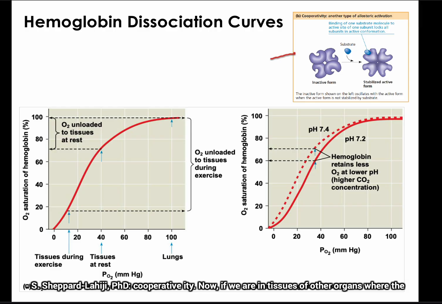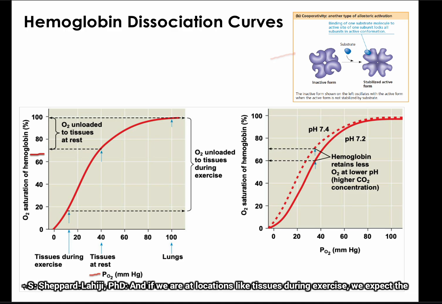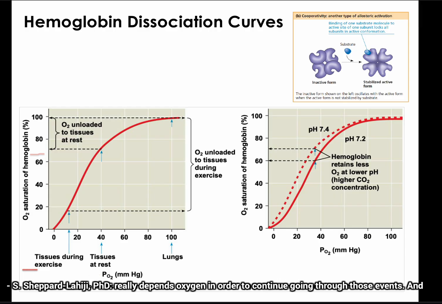Now, if we are in tissues of other organs where the partial pressure of oxygen is lower, then hemoglobin becomes less saturated. And if we are at locations like tissues during exercise, we expect the least amount of saturation at this point because those are areas that really depend on oxygen in order to continue going through those events.